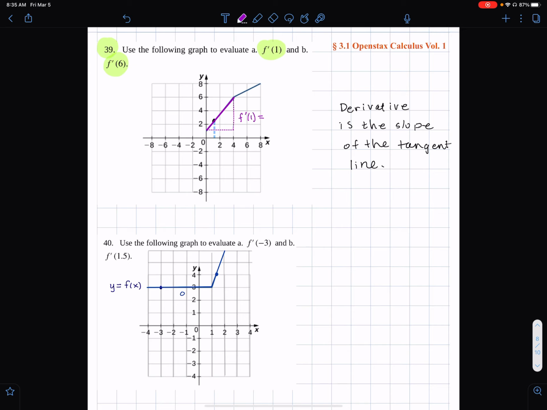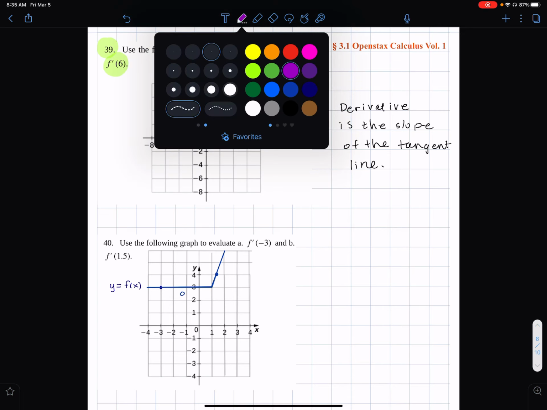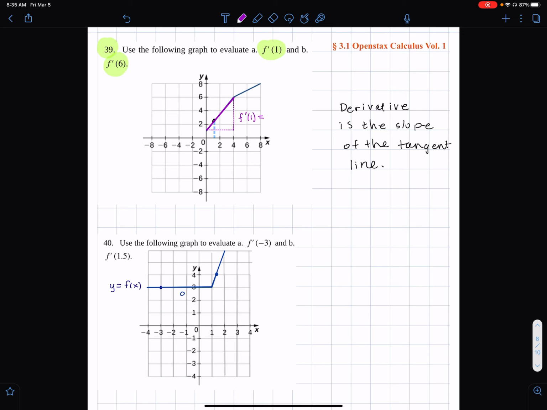The change in y looks like it's around 2.5, which is 5/2, and I'll divide by the change in x, which is 2. So this is 5/2 times 1/2. I'm going to write 5/4.